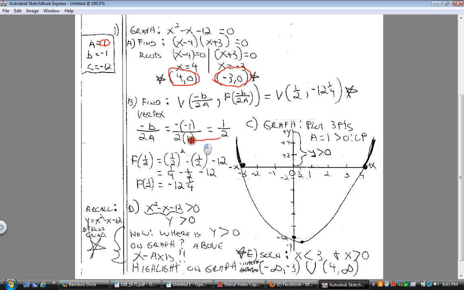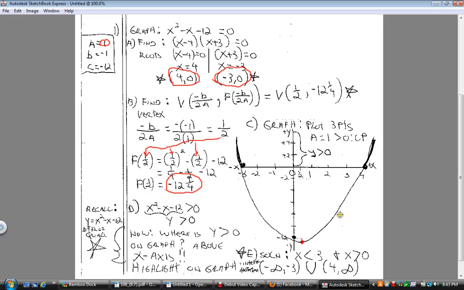And then we take that value and substitute it back into the function and do a little bit of grinding away, and we find out that the y coordinate of the vertex is at negative 12 1/4. So we have our vertex right here, and then we would go ahead and graph them as you see.